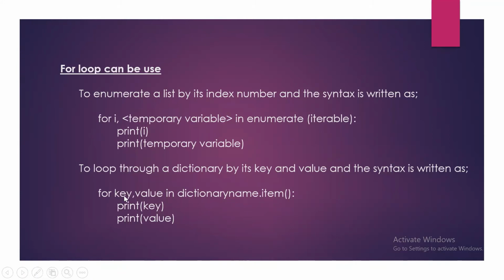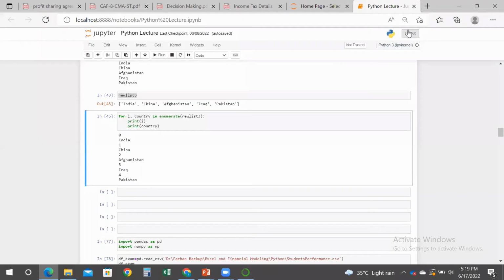We write for the key and value of our dictionary in our dictionary's items, and then print the key and value of each item. So let's see how we can use for loops for dictionaries.